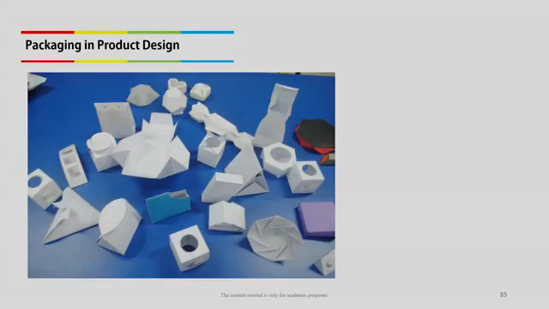The packaging design adds value to a product, which has major influence on customers' purchasing decision process, especially at the point of purchase.